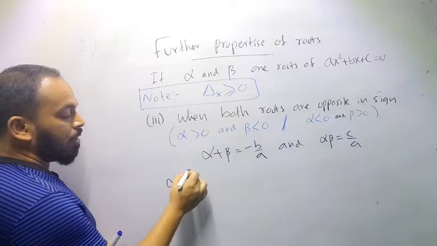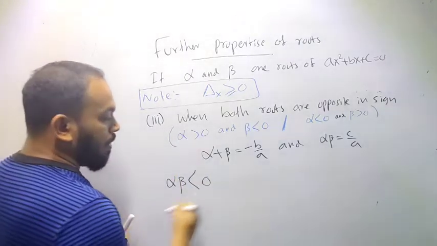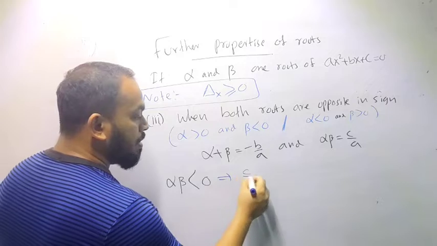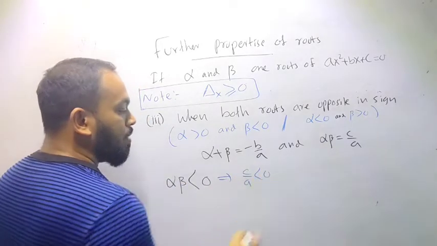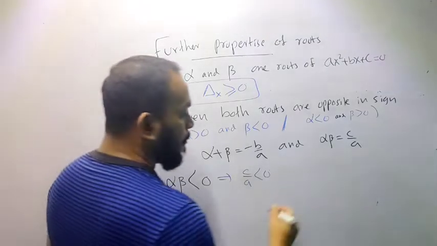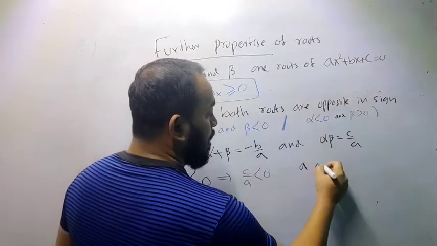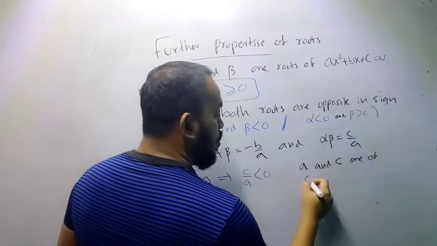So alpha into beta will be negative. This implies C over A, which is equal to alpha beta, is negative. C over A is negative means A and C are of opposite signs.